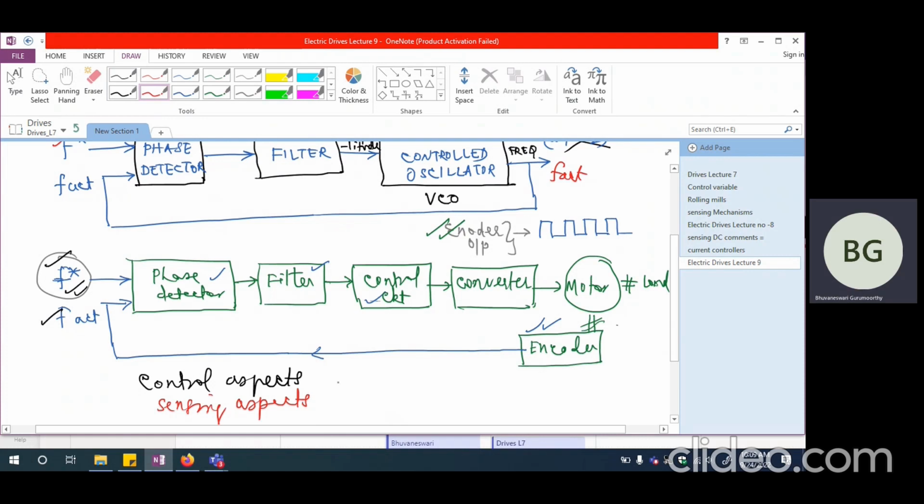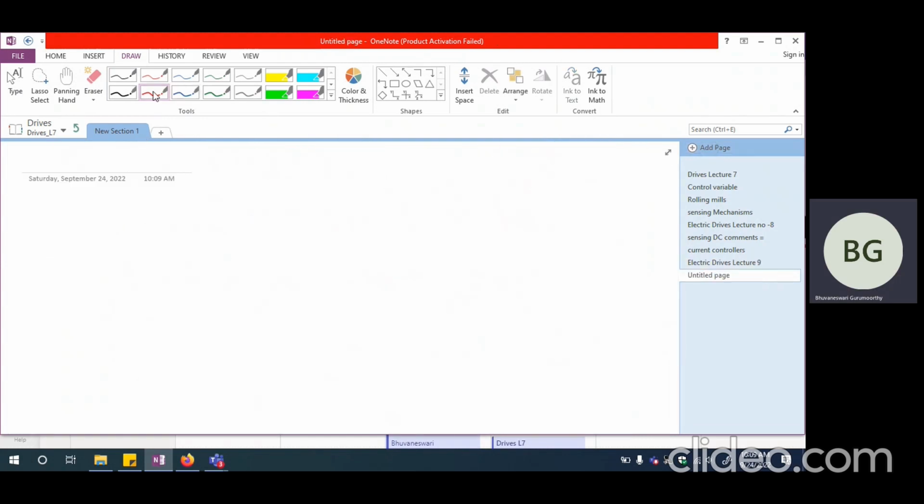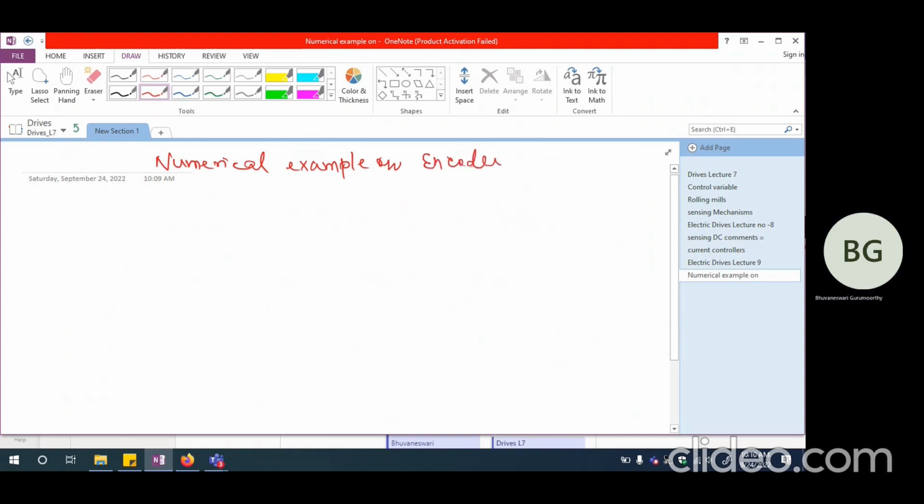So based on this, I would like to work out one numerical example on encoder. So I'm going to work out one numerical example on encoder.